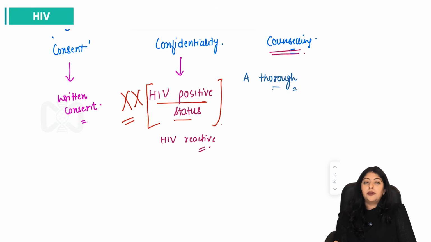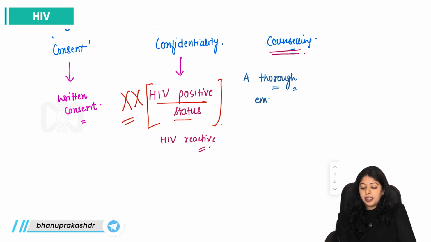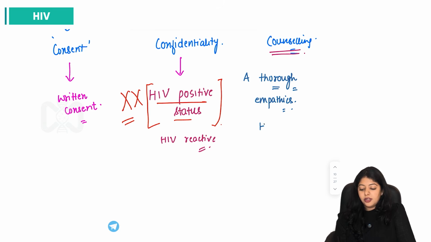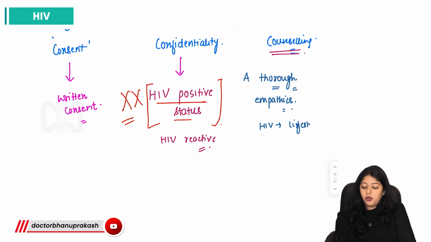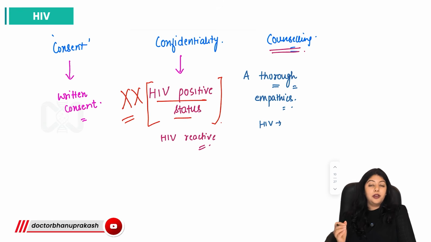So a thorough, very empathetic counseling has to be done to tell him about the nature of the disease and all the symptoms and what he'll be going through. Since HIV is a lifelong infection, a lifelong state, the patient has to be on medication lifelong. So that requires a very empathetic route towards the patient.